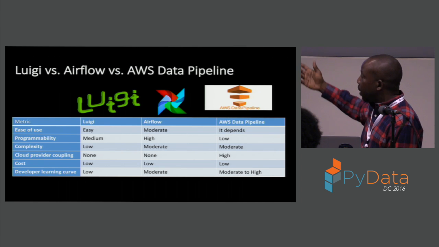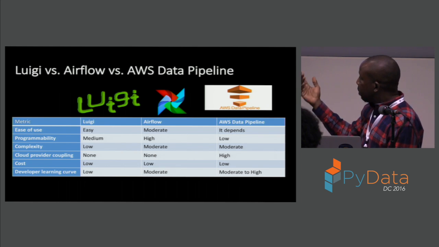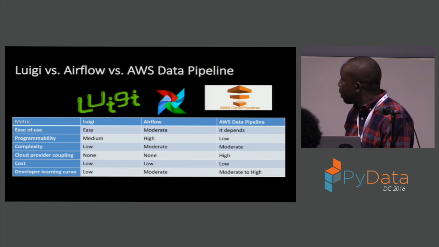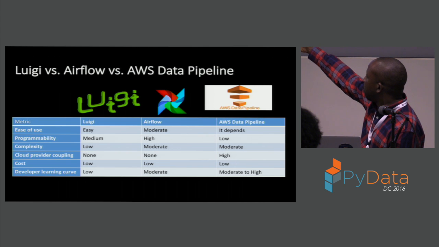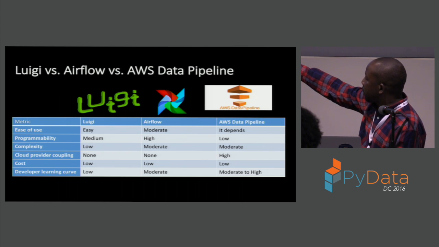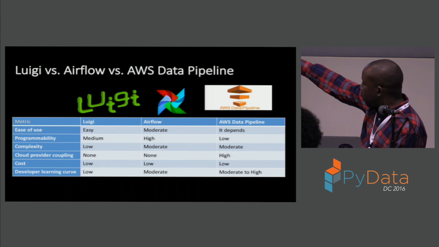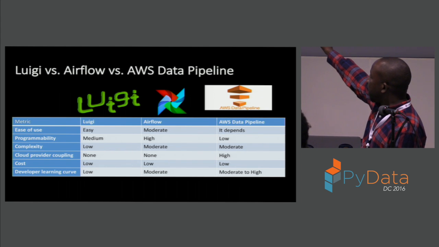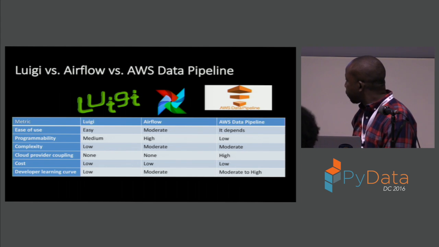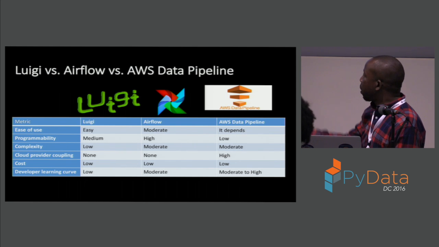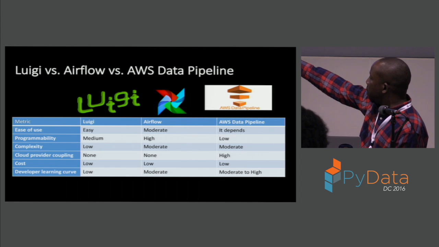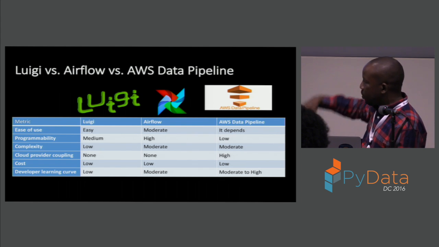I said low because, again, it's hard to find examples or samples to do this. Complexity: Luigi is low, etc. And I would say moderate. And coupling, which to me is important: high coupling for AWS, and no coupling at all for the others. I would say the costs are probably about the same. Developer learning curve: Luigi, I think, is low, moderate to high.